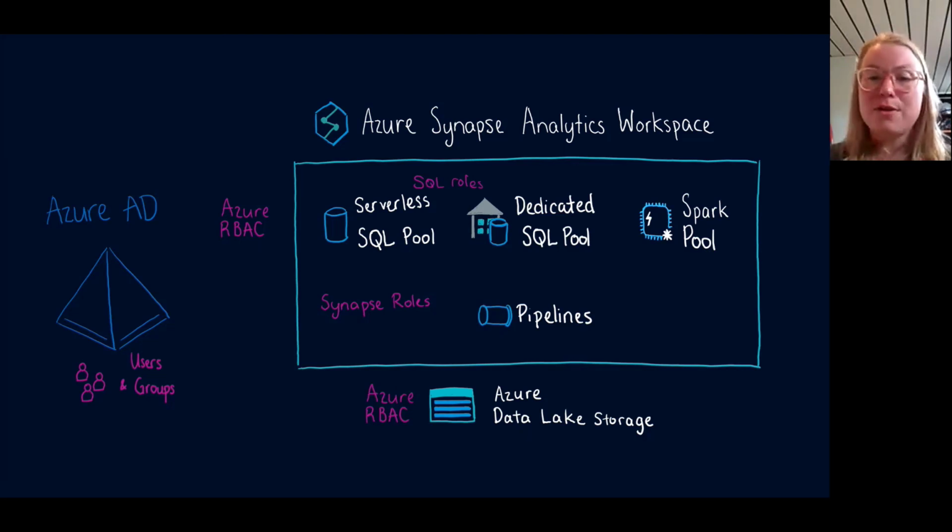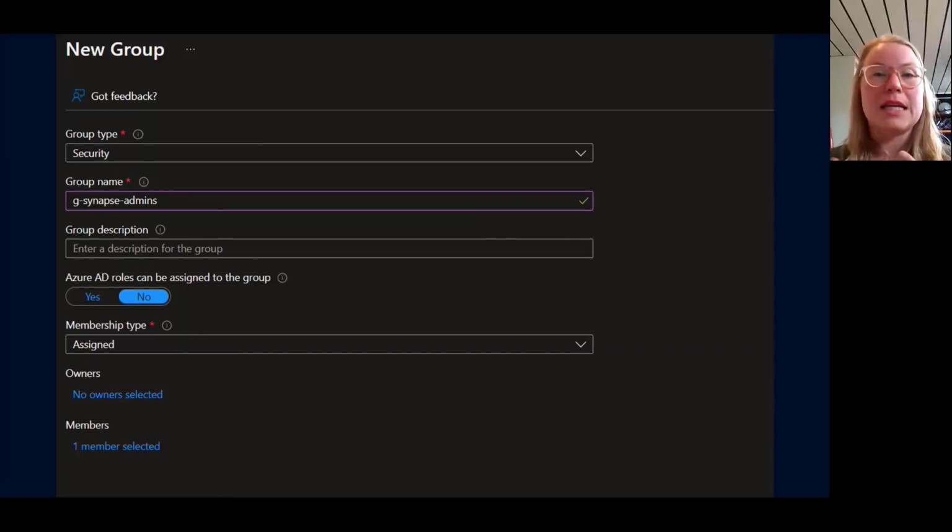After we do that, we want to create a group for each of those user profiles. For example, we might have an admins group. We might have a separate group for SQL admins, and we might have one group for developers. You can find a sample in the Microsoft documentation of how to set this up.